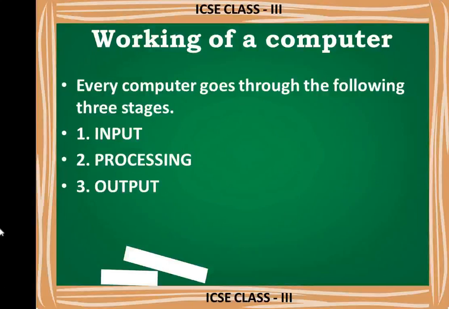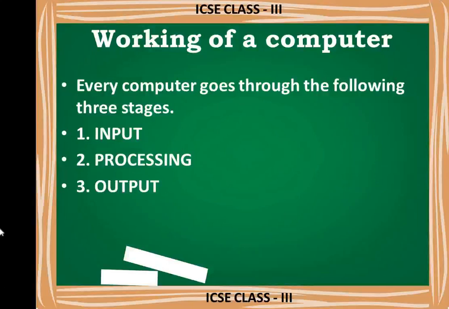Suppose you want to calculate the total marks scored by a student in different subjects on a computer. See how the processing takes place. First, the student has to enter the marks he has gained in each subject into the computer. That is the data and instruction. The first step is to input data and instruction, that is, marks.